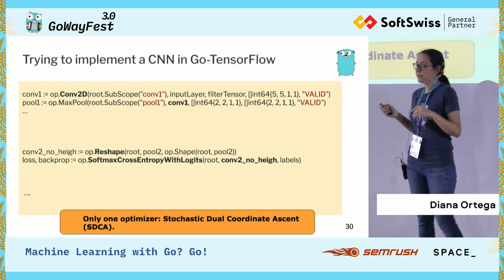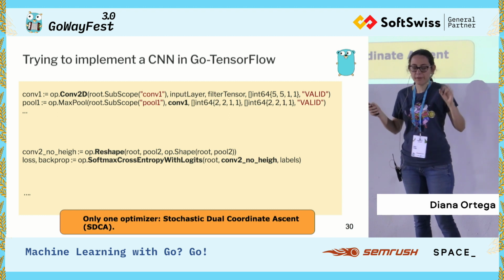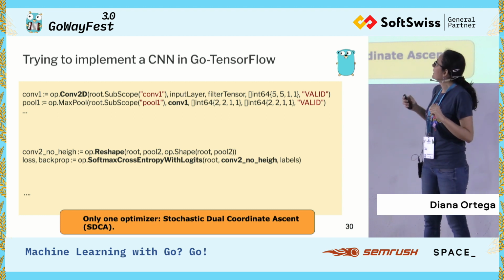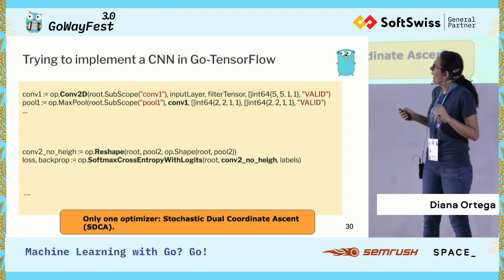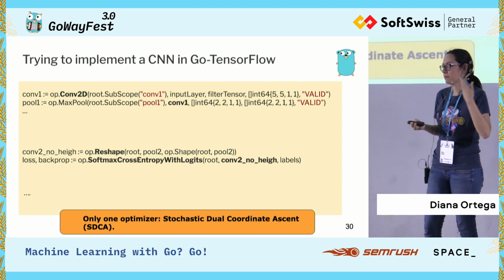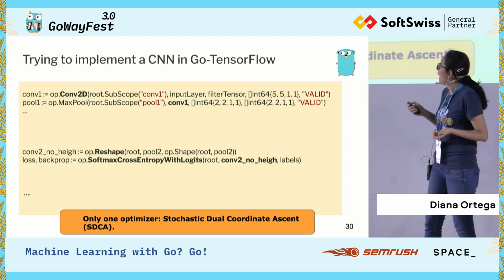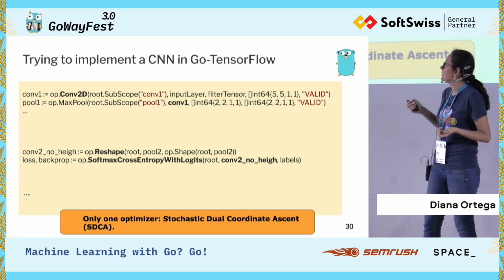I try to implement the first part of my model, the CNN. And yeah, I can have the operations. Convolution is like the convolution of two matrices, a mathematical operation. And I have a pooling that is like a subsampling.